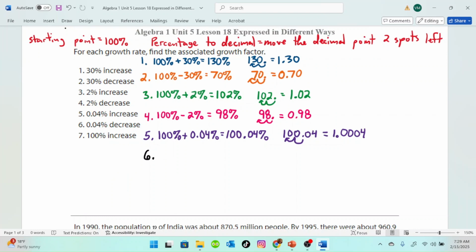Number 6, this time we have a 0.04% decrease. So we start with our original 100%, we subtract 0.04%, and that leaves us with 99.96%.